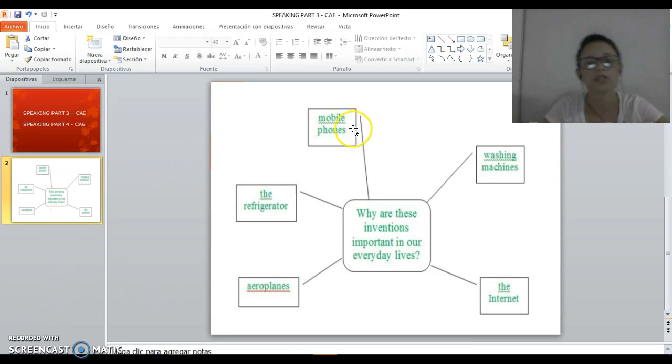And in the last part of this, we have a central topic: why are these inventions important in our everyday life? I will start with mobile phones. Mobile phones are important inventions in everyday life because they permit us to get in touch with our family, with our partners, with somebody who is abroad.